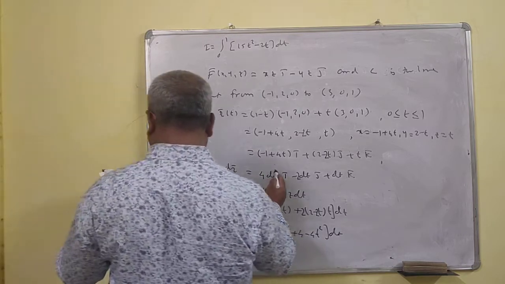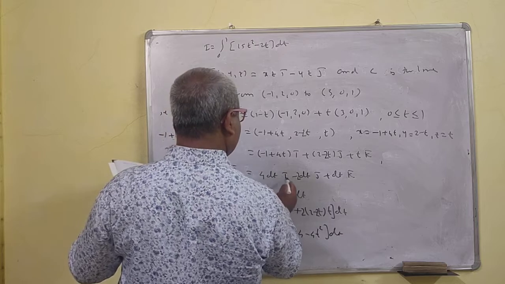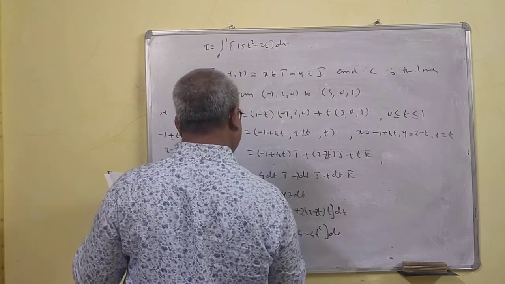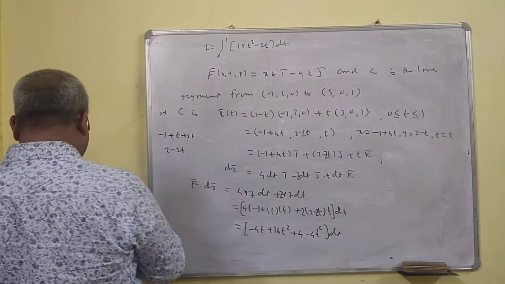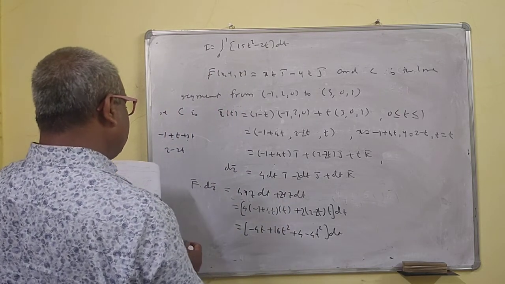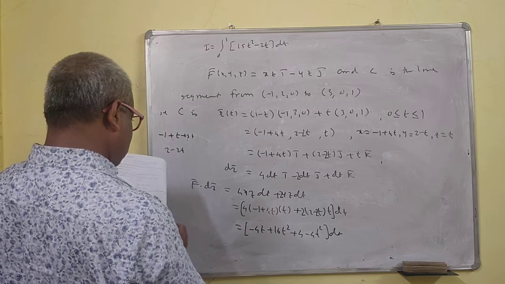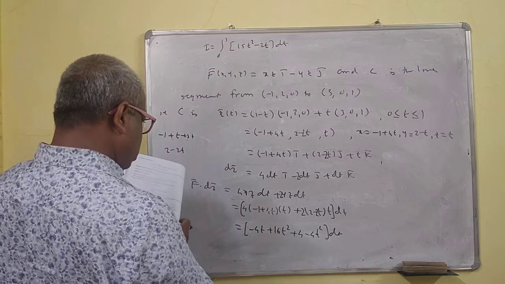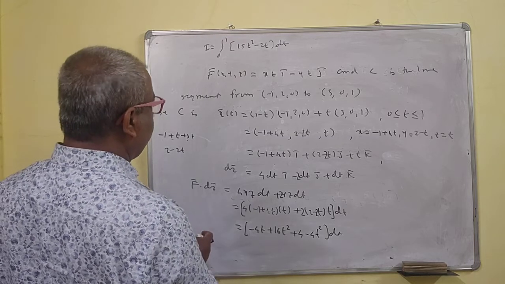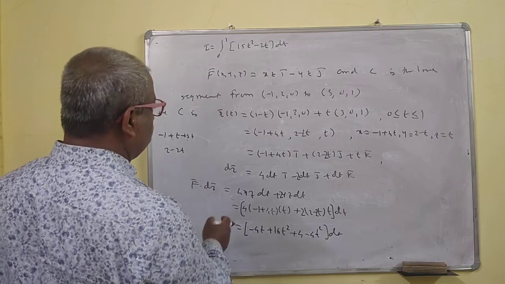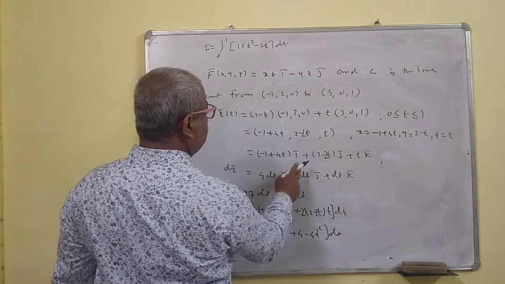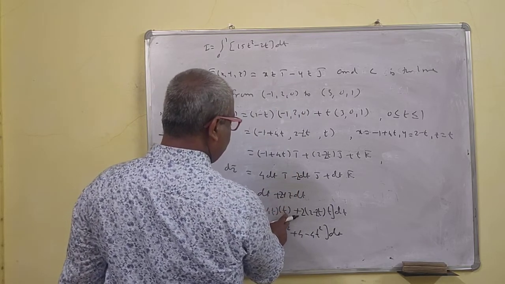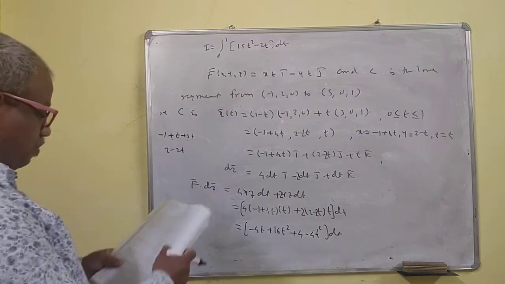So 4 dt is correct, minus 2 dt is correct, and dt is also correct. Okay, so f bar dot dr bar is 4 into 4t square minus t, which is correct. This is minus yz. Okay, so minus yz, minus minus becomes plus. Okay, minus minus becomes plus.